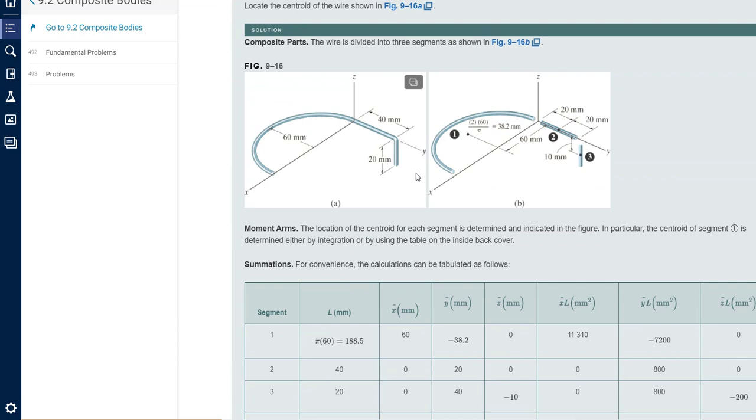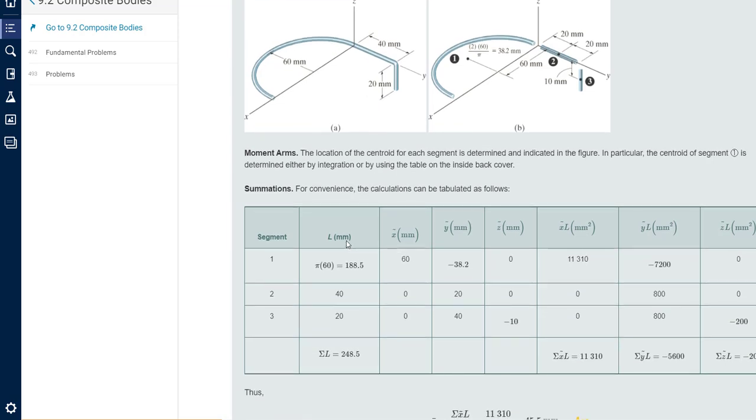Essentially what we're doing when we're determining the center of gravity is we're doing a weighted average. The first example here shows a weighted average with the length of the wire. So we have the length of the wire and we figure out where its center is, and we break it down into big pieces.